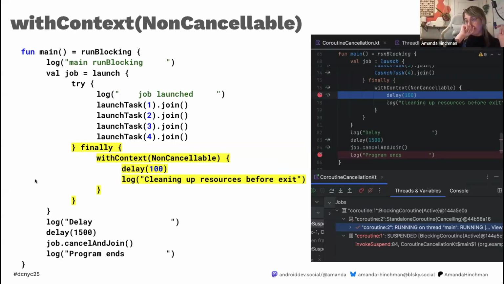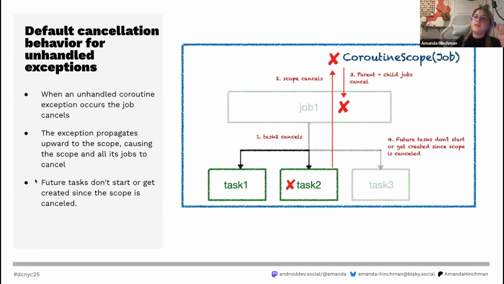And if you need to clean up something and for some reason it needs to be suspendable of any kind, you can use withContext(NonCancellable) to do that. This is a rare instance, but it's good to keep in mind if you have resources you want to clean up, like Bluetooth use or something. You want to shut that stuff off.